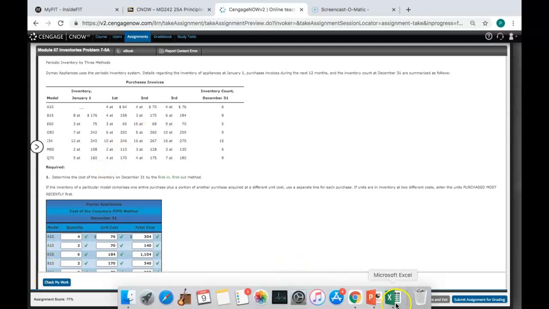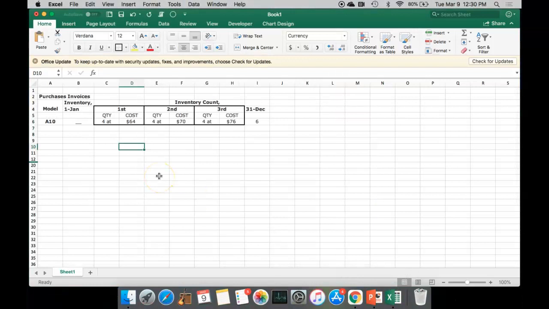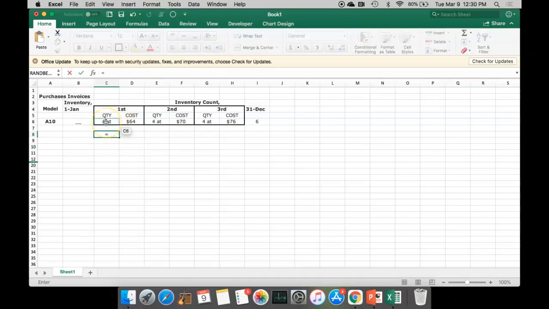Okay, now let's take a look at the spreadsheet that I prepared and we'll work on it here. If I take each of these separate purchases and multiply the quantity purchased by the cost, and then add the 3 together, I'll do that right now. So we got the 4 here, so equals 4 times the $64. Okay.